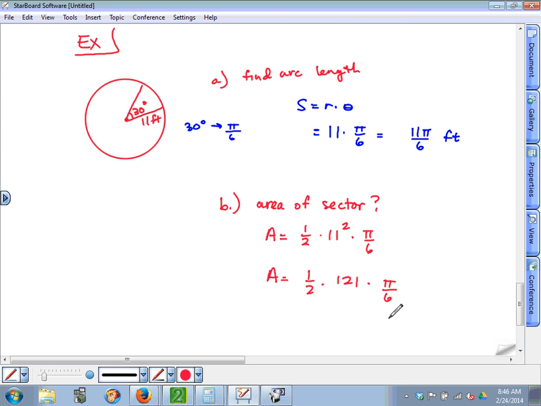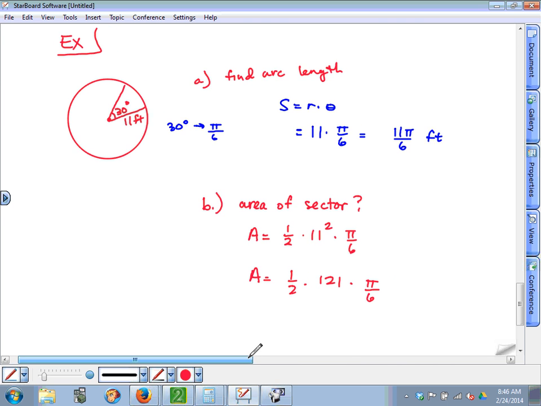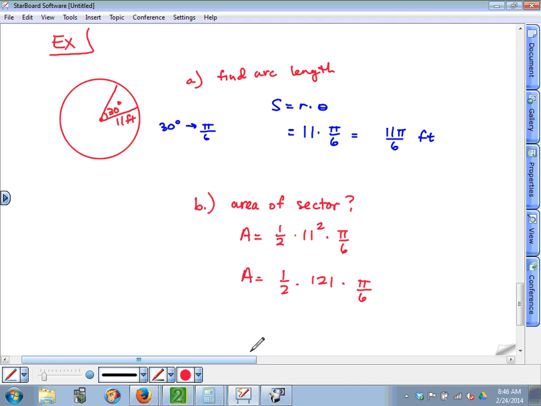And how do we combine all of this? Keep it in exact form, not estimating. Exact form means you don't multiply pi in there. You leave pi as part of the answer. Leave it as a fraction also. These are all fractions, you guys.